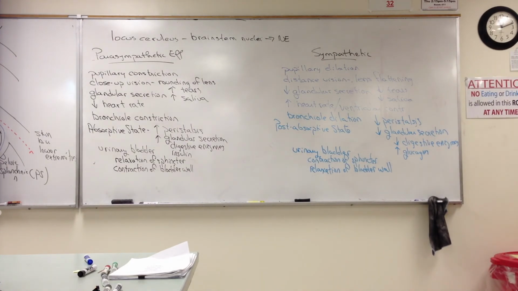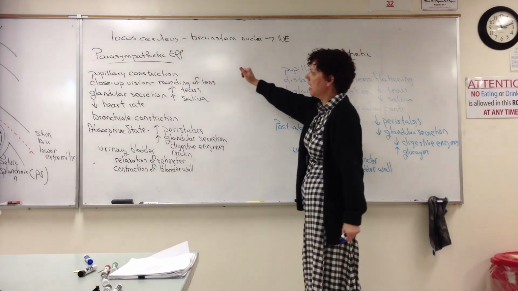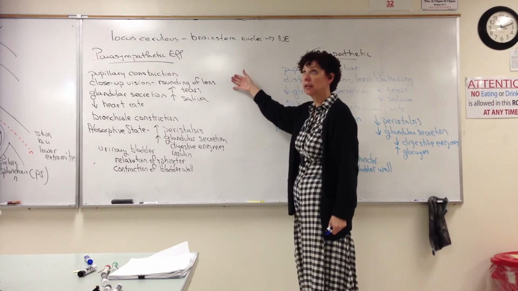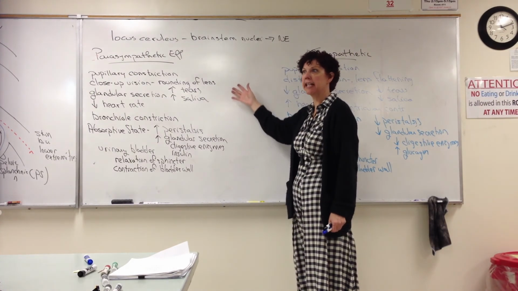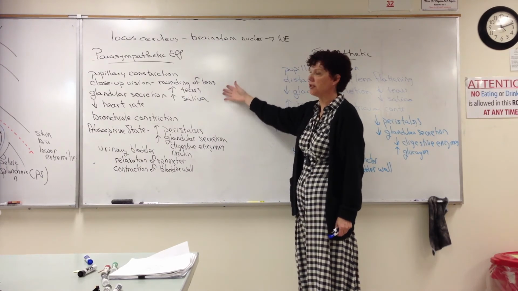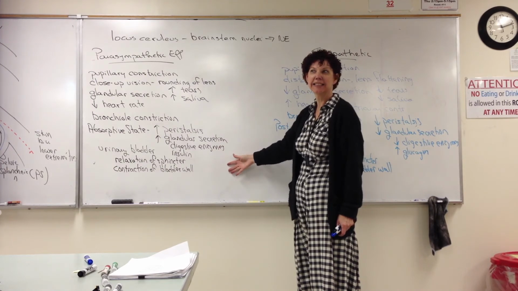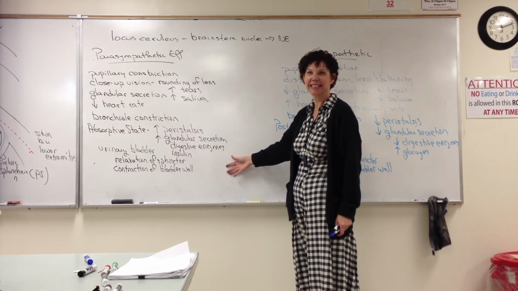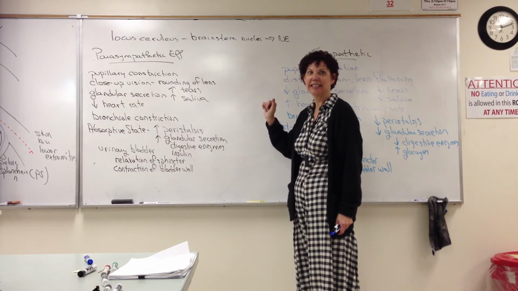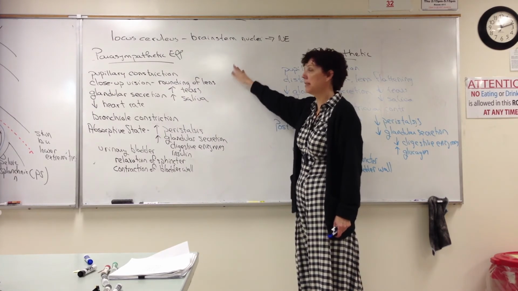All right, so in this list of activities, all the organs are innervated by both parasympathetic and sympathetic, and the effects are the opposite. All right. What would be the name of the receptor, a nicotinic or muscarinic receptor, on each of these muscles or glands for parasympathetic? Do you remember? The nicotinic receptor, well, what's the neurotransmitter?